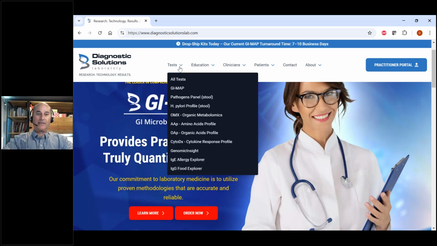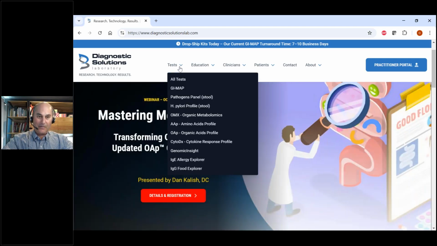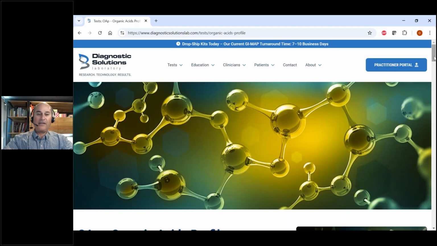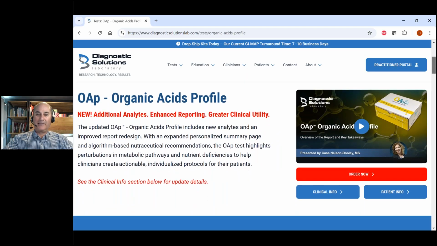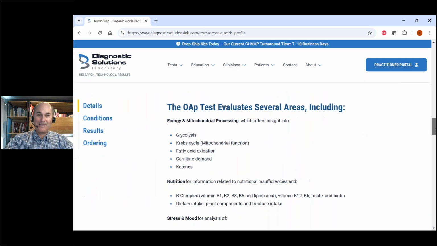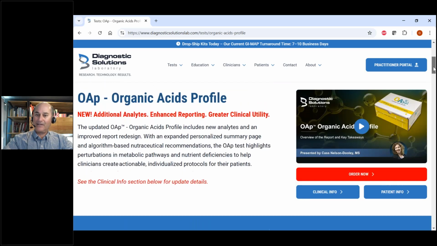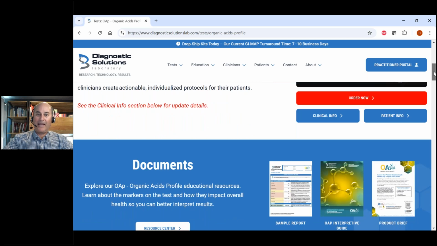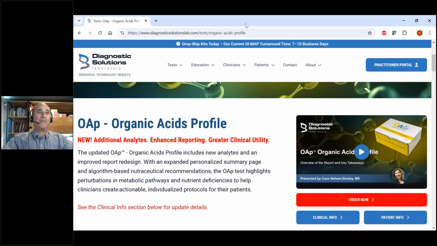So if you go to the test homepage here, you go to OAP, everything that we're talking about is on this one test. So simple. It's a urine sample, it's easy to do. It's not even that expensive in the scheme of what people spend money on. It's very affordable. And basically, you should just be doing this test with everybody, okay?